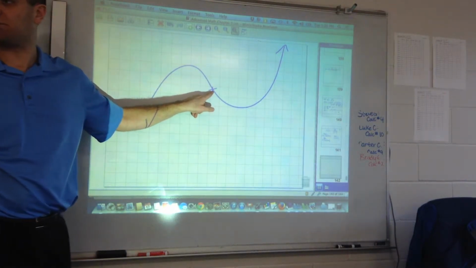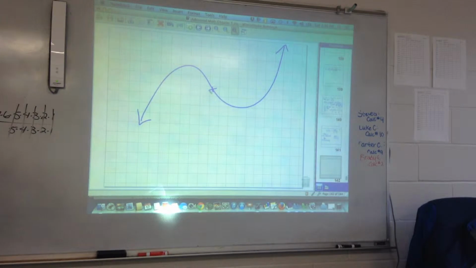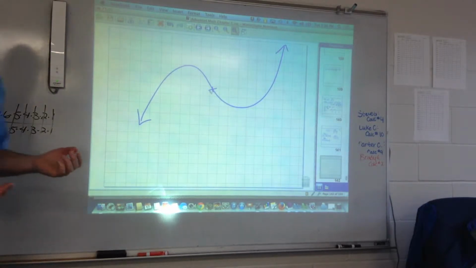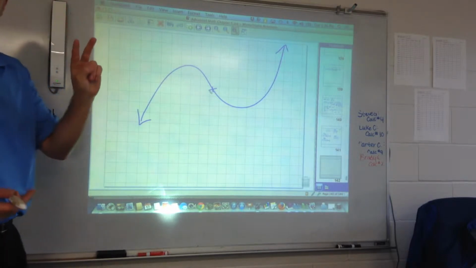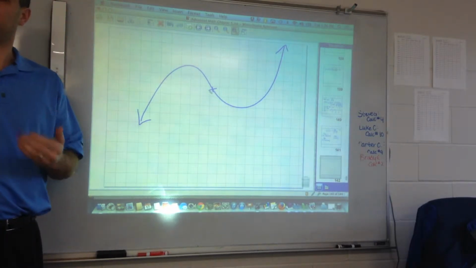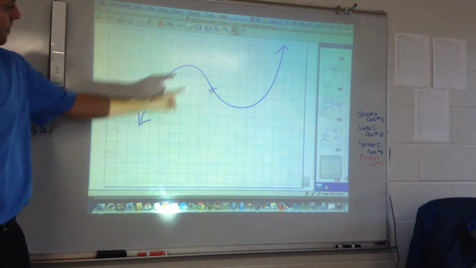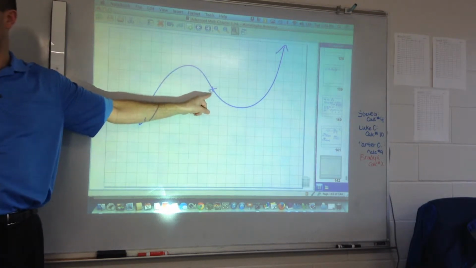That's the inflection point, and inflection points are where a graph switches from concave up to concave down, or vice versa. How do we find those? Second derivative. When the second derivative equals 0, those are your inflection points.